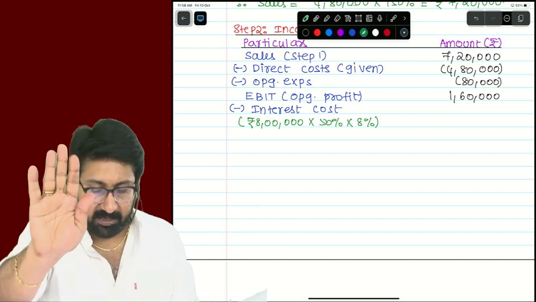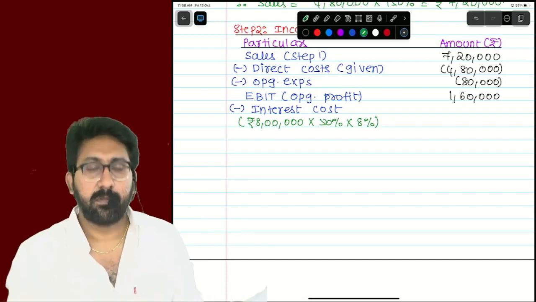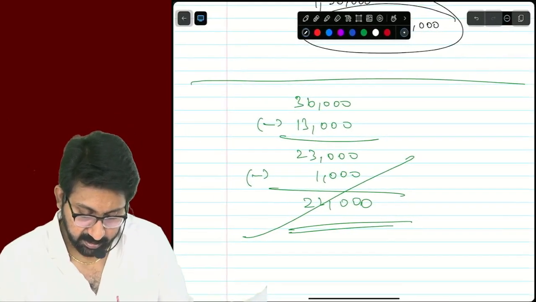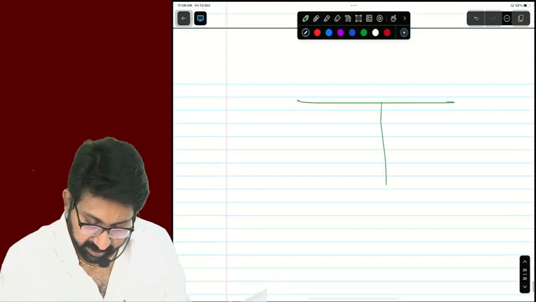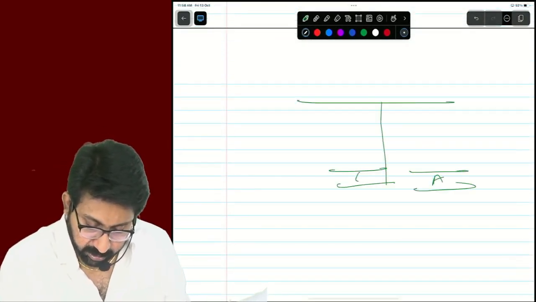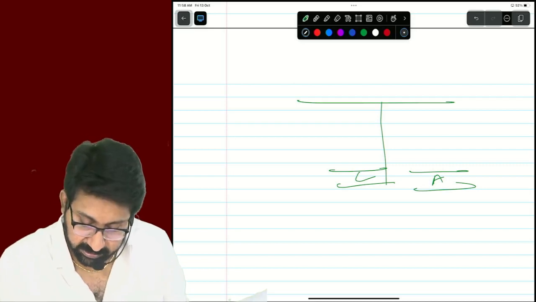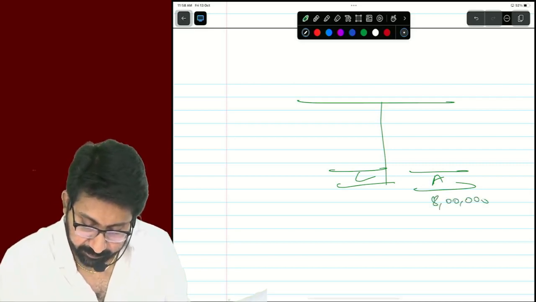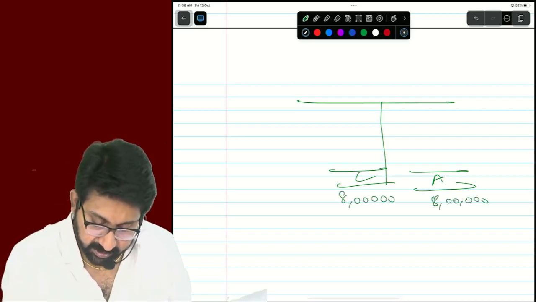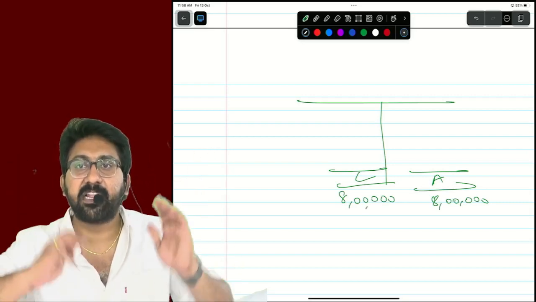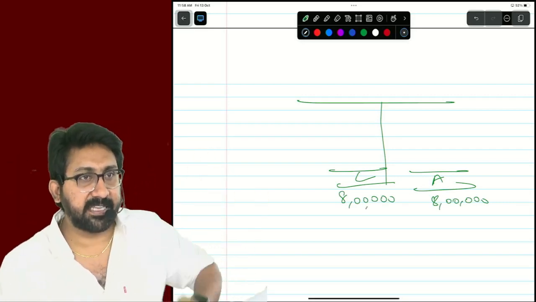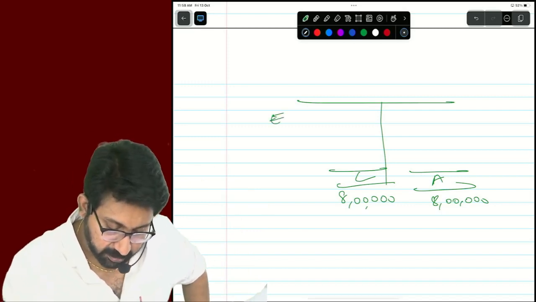First one, listen. What is 8 lakhs? In a balance sheet, assets and liability total should tally or not? What is the total of assets given in the question? Therefore, liability is also how much? So, liability is entirely financed by both debt as well as equity. How much is the equity portion? 50.